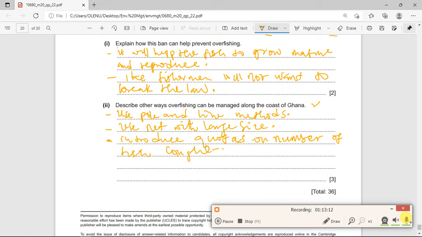What they implemented has to do with a close season. Okay, good. They can also control the number of fishing boats.